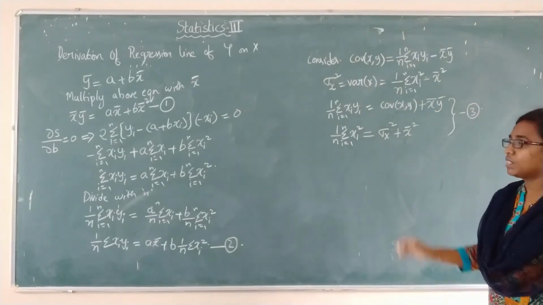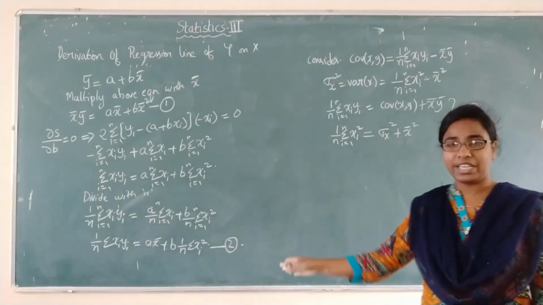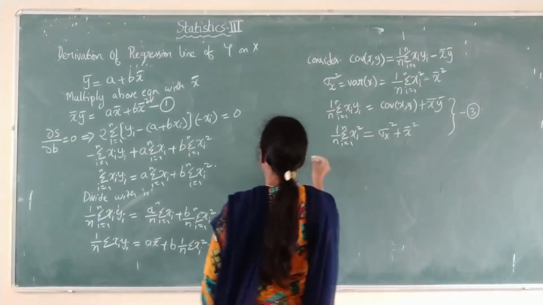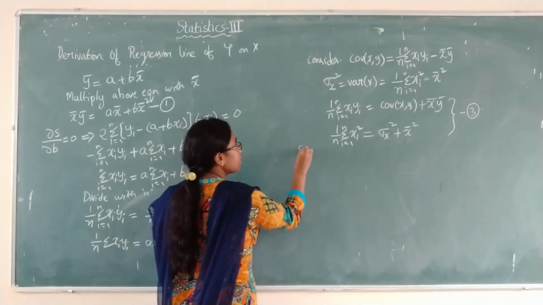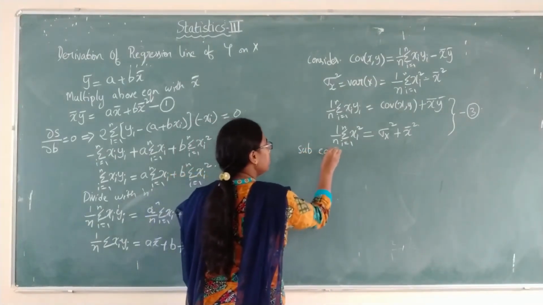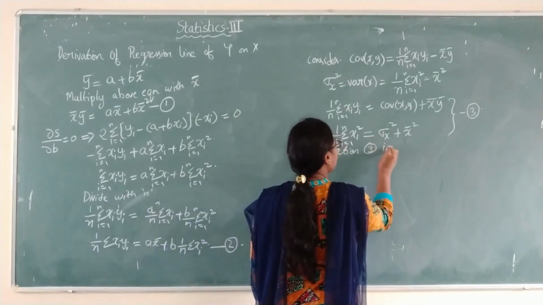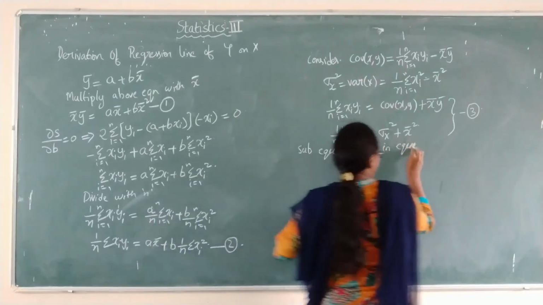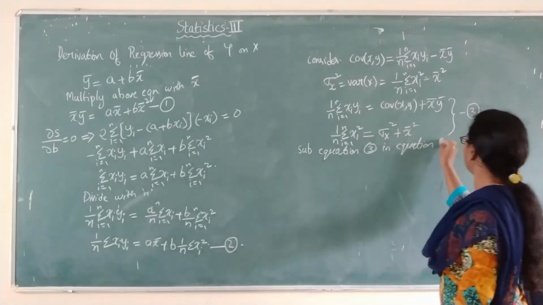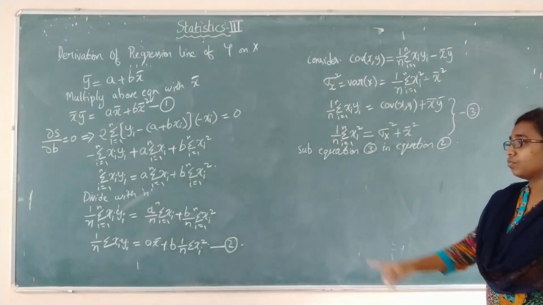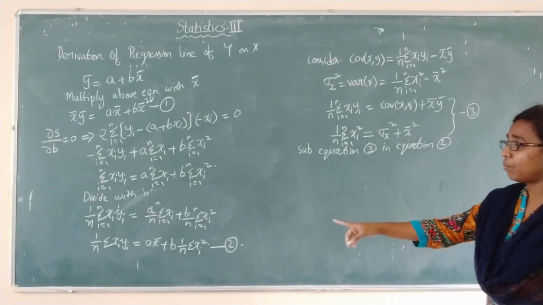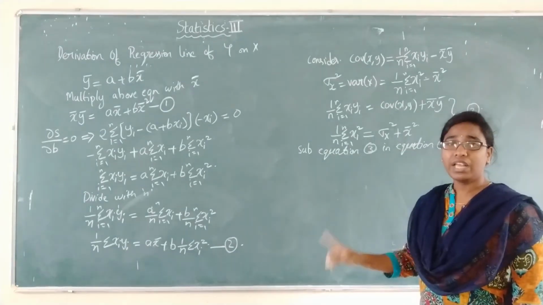Now we will be substituting equation 3 in equation 2. So what is there here? 1 by n summation xi yi.